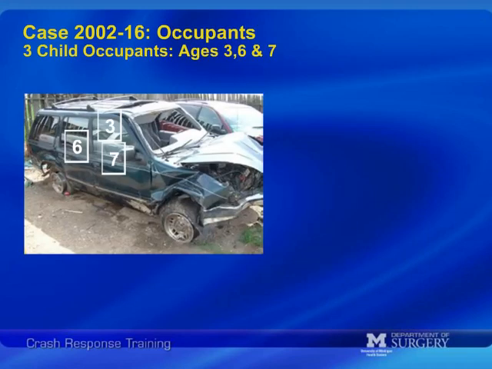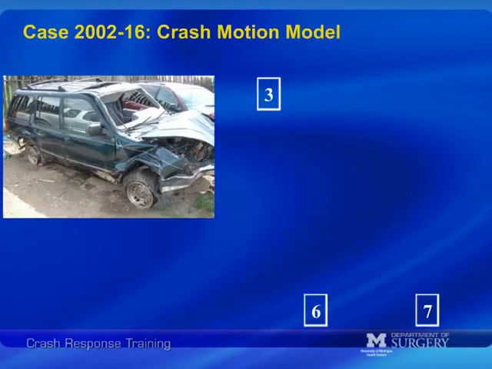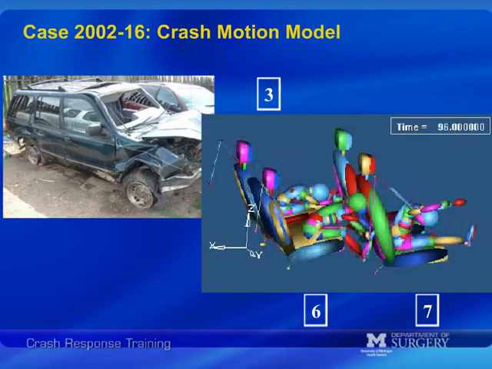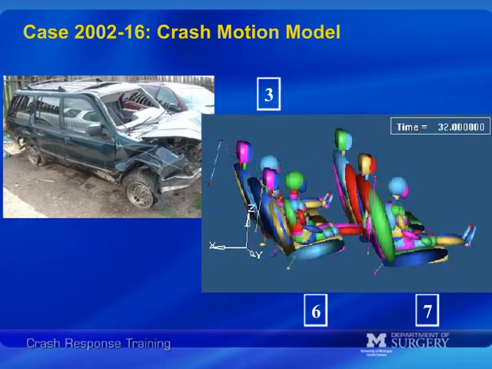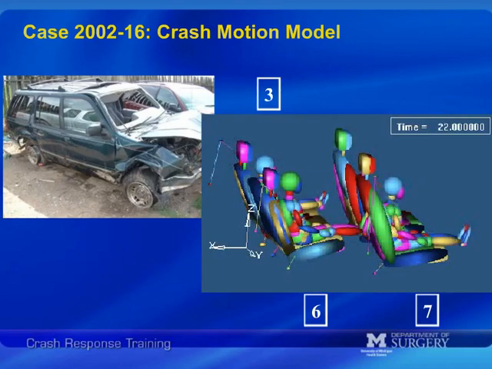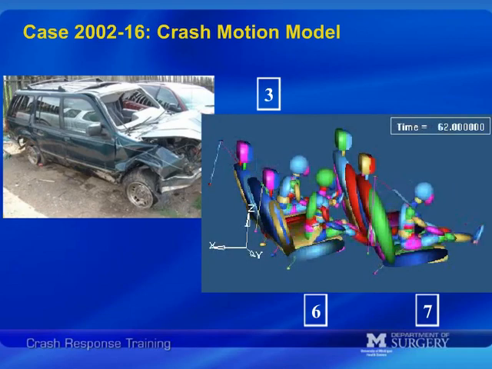As I mentioned earlier, our case vehicle, this SUV, had 3 child occupants aged 3, 6, and 7. The 3-year-old was in the left rear, the 6-year-old was in the right rear, and the 7-year-old was in the right front passenger seat. We did a large amount of reconstruction and looking at the evidence that we gathered.